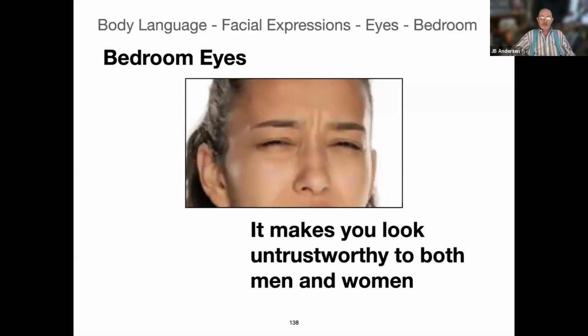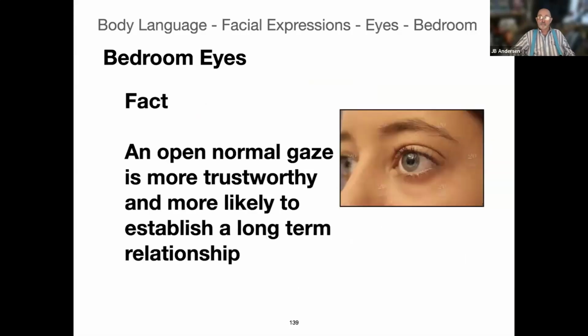However, it makes you look untrustworthy. And both men and women see it. They look at you, and if you're not showing your whole eye, something is suspicious. You're untrustworthy. You're not telling me the truth, etc. So we project this image when we like someone, but it gives the wrong impression.